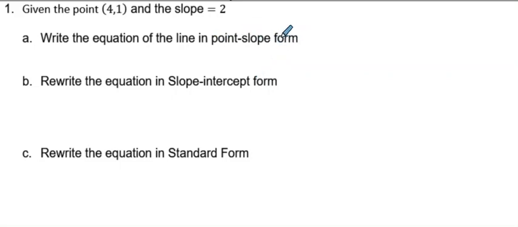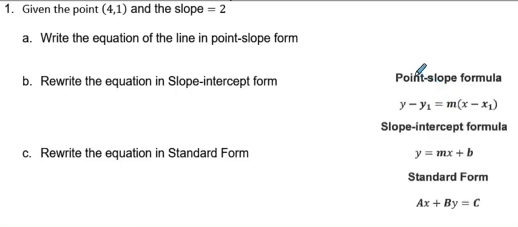It is on the previous page and it's also on the slide, but let me go ahead and put it on here. The point-slope form is y minus y1 equals m times x minus x1.